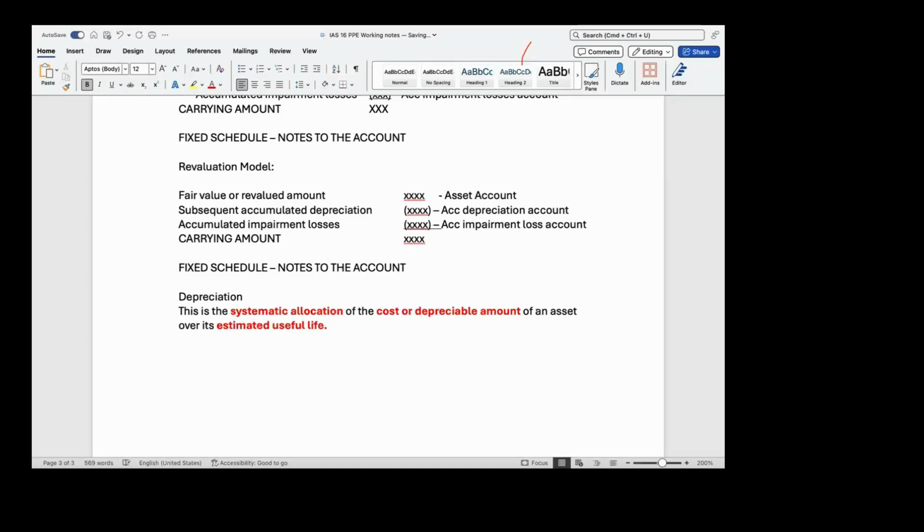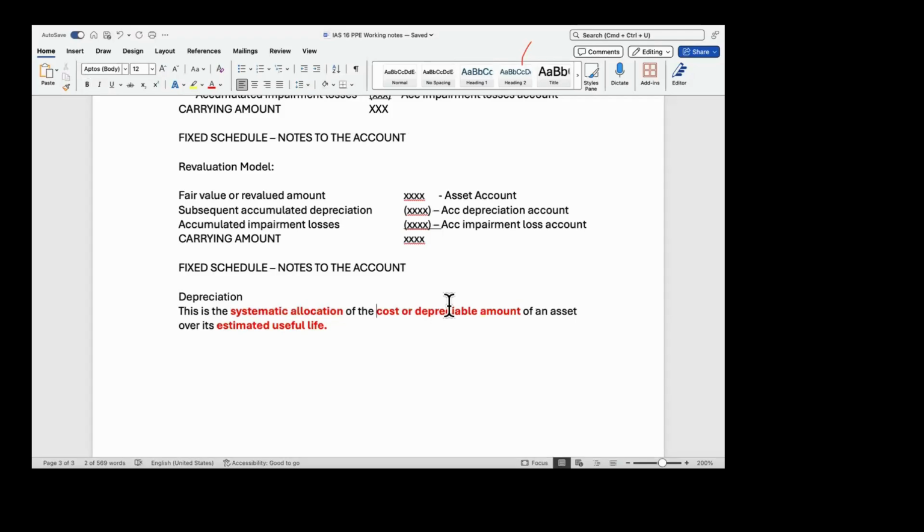From this definition, it's very clear that what we are trying to do with depreciation is an allocation, but not just allocating anyhow, a systematic one. I'm still coming back to that systematic allocation. Let me start with what we are allocating.